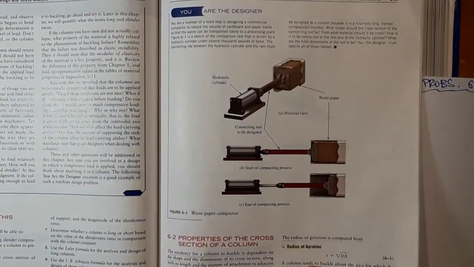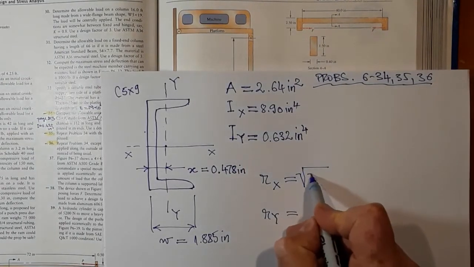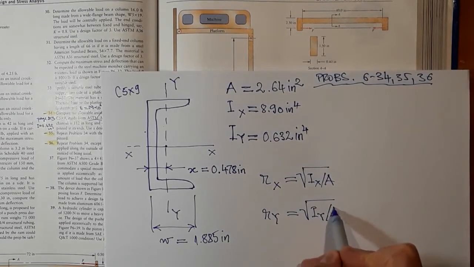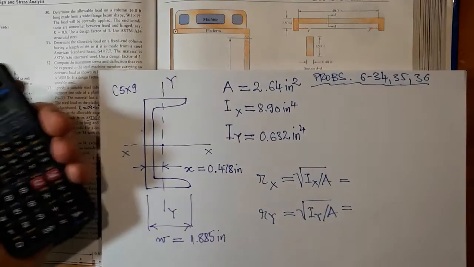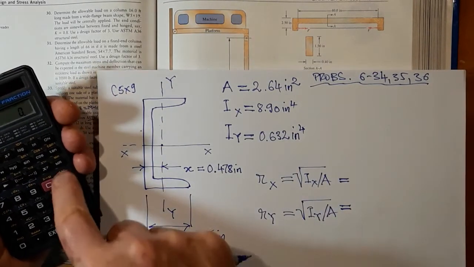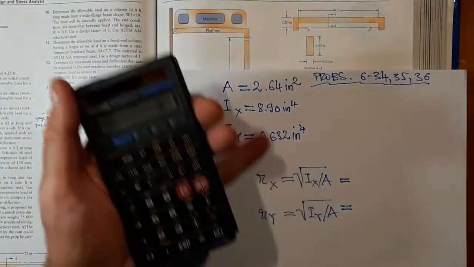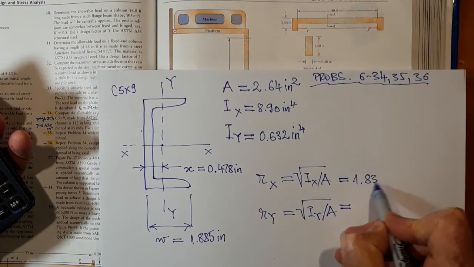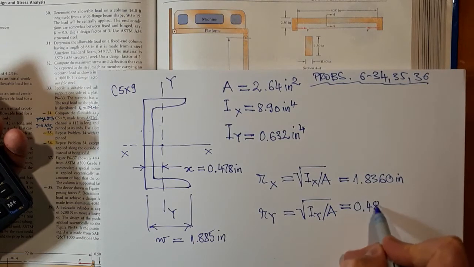So this is going to be Ix over A, and this is going to be Iy over A. Actually I have these calculated. So Rx is 1.8360 inches. The other one is only 0.4893 inches.